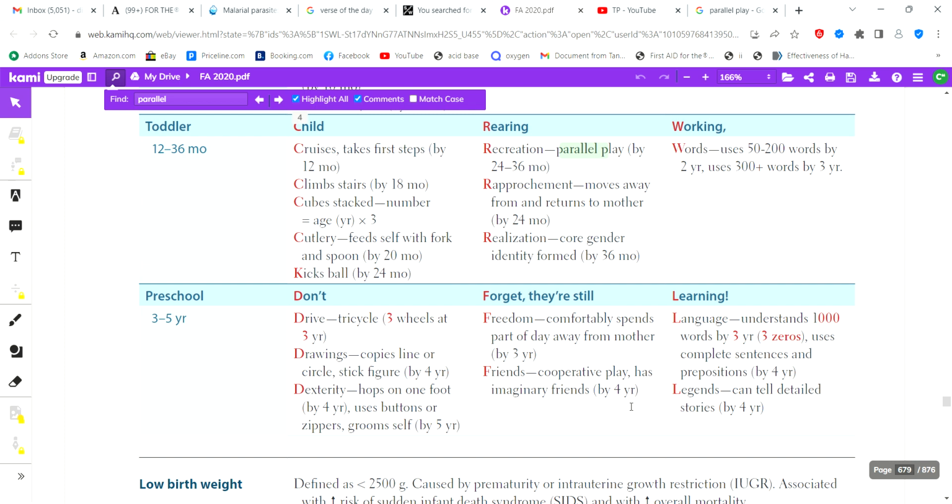By age 4, they can do a stick figure. I don't know if that means they can copy a stick figure or actually draw a stick figure. Interesting.